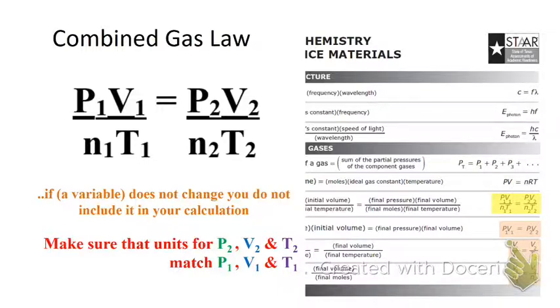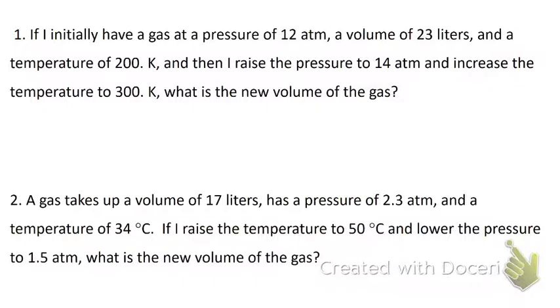Now, the best way to get better at this is to work out some problems. And how I like to start, especially at the beginning when we're first working these out, is by writing out each of my variables and then reading through my problem and trying to find them. So that's what I'm going to do here.